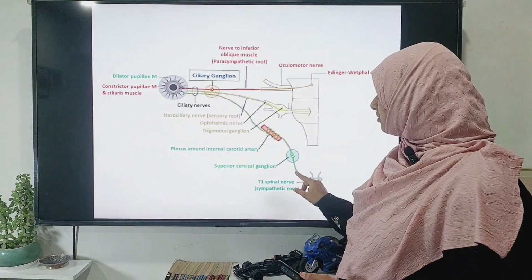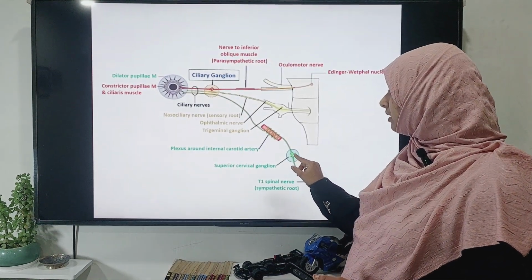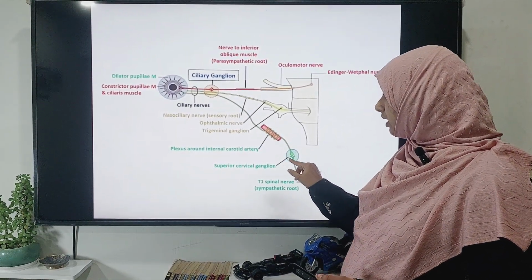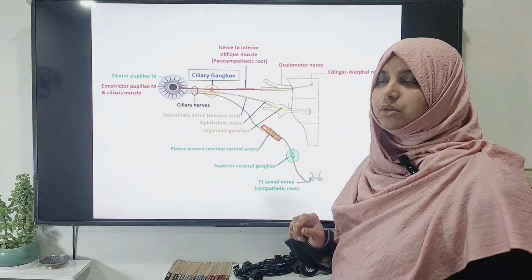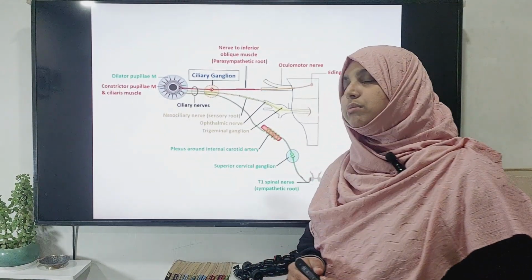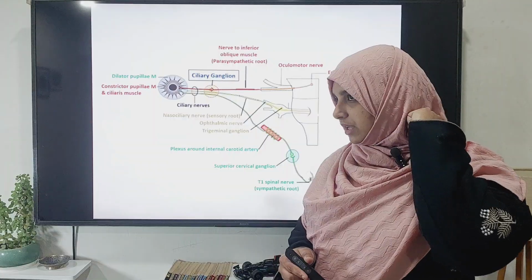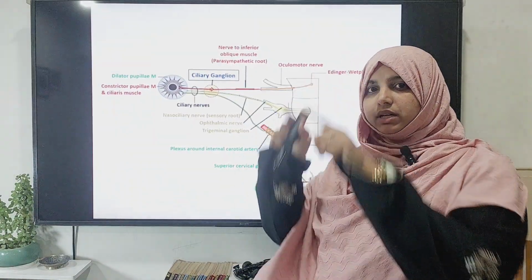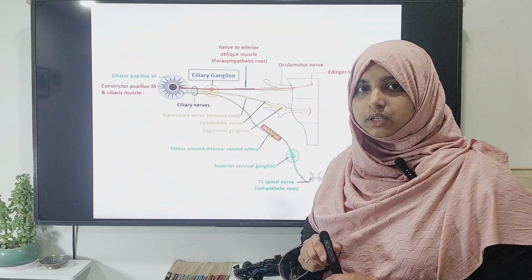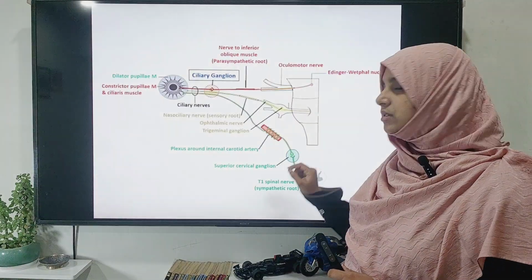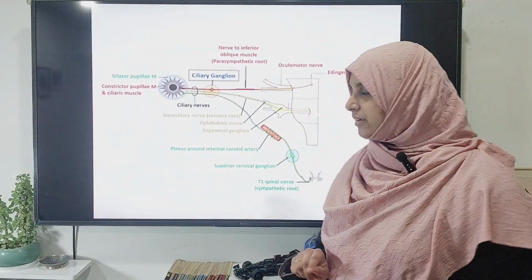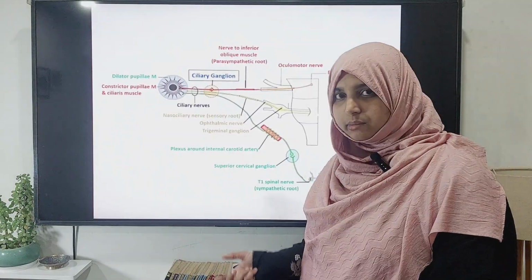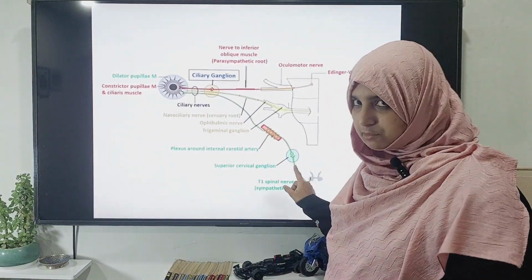So it's starting at the level of T1, traveling up, and it is going to relay in the superior cervical ganglion. You might be studying about three ganglia present in relation to the cervical vertebrae. Out of that we have the superior cervical ganglion. There it is taking the relay. So it has got down from the bus, that is the T1 spinal nerve.